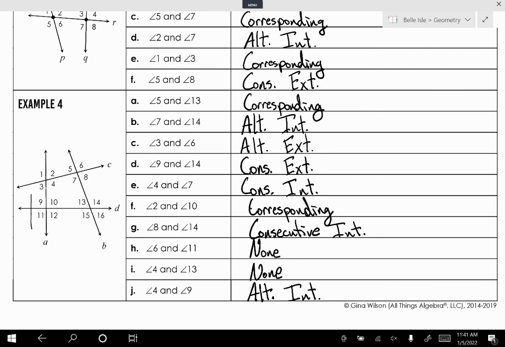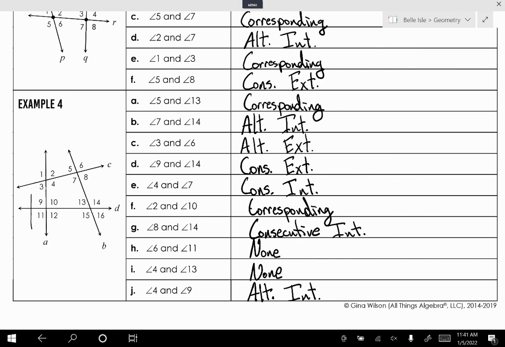Name that transversal. Are we doing this together? I don't know. Where are my papers at?